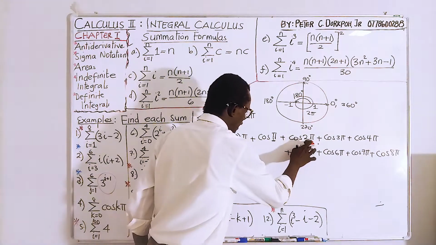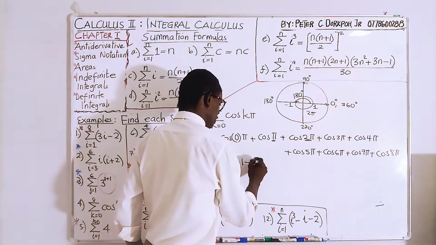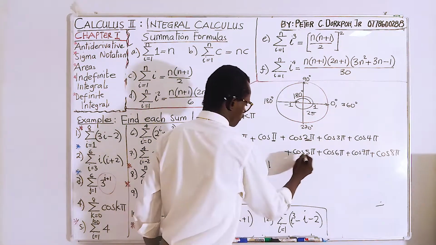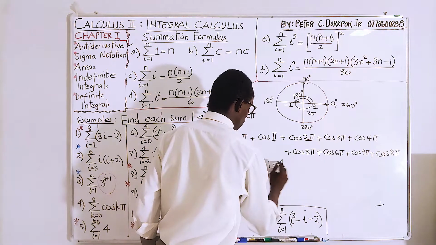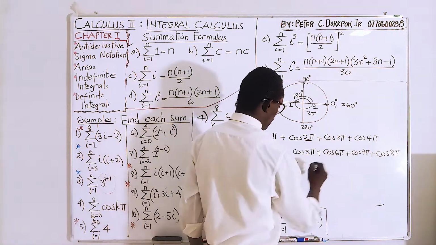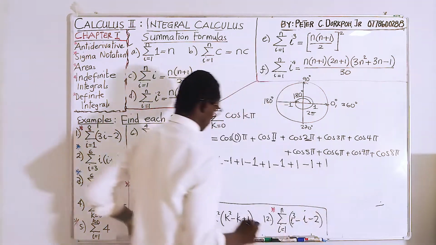Cos of 2π is positive. Cos of 3π will be negative 1. Cos of 4π will be positive 1. Cos of 5π will be negative 1. Cos of 6π will be positive 1. Cos of 7π will be negative 1. And cos of 8π will be positive 1.